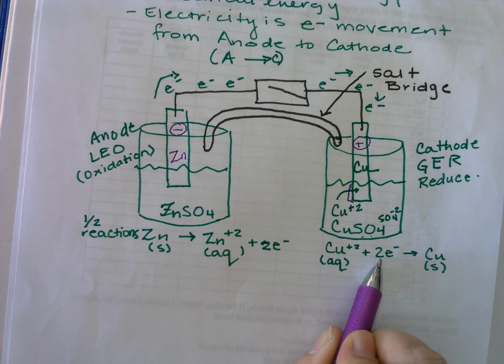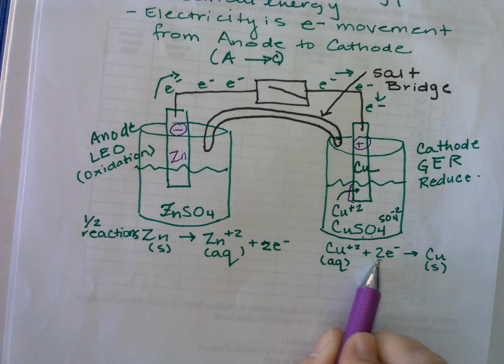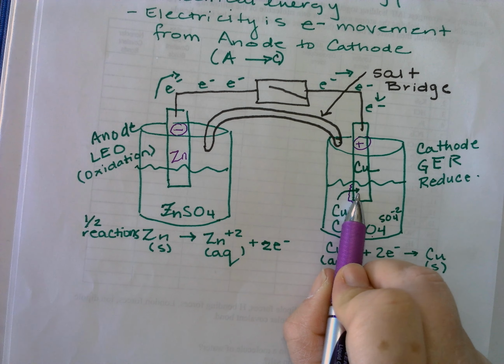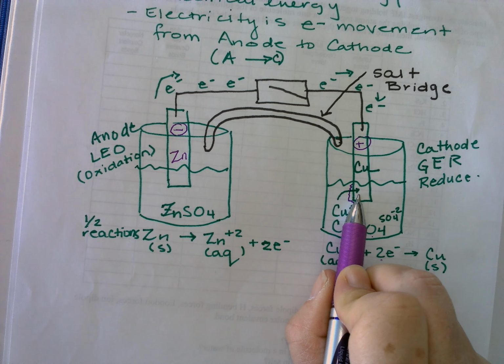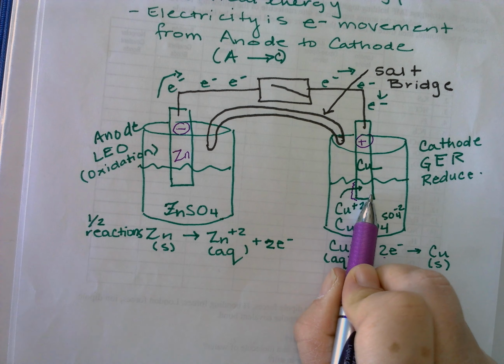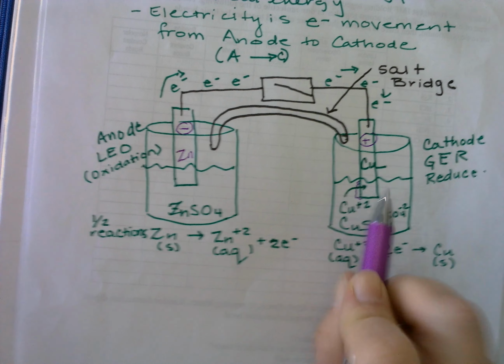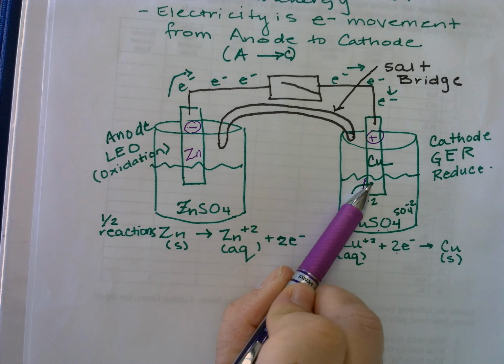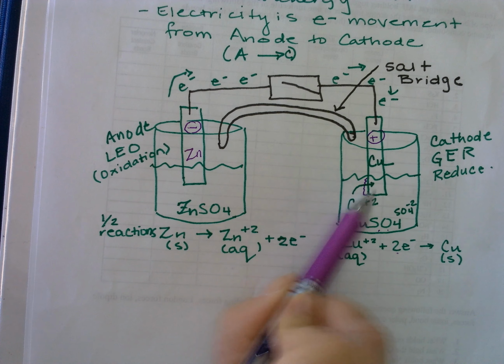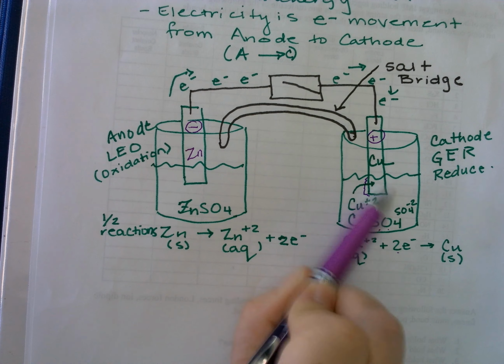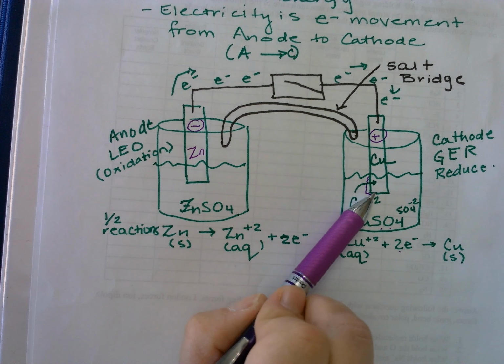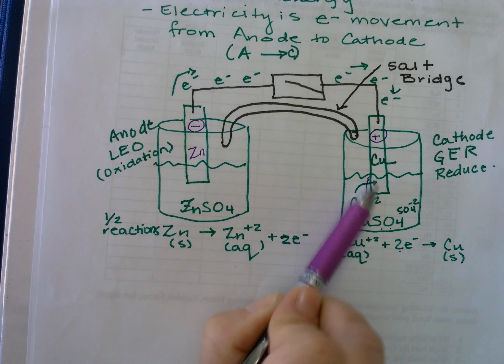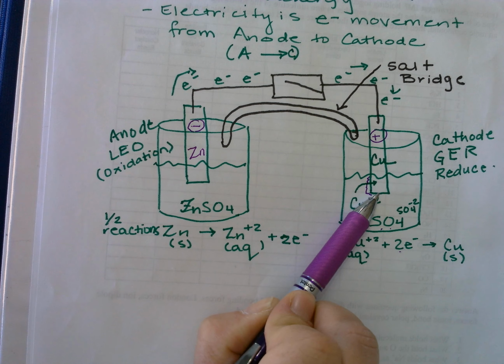When it does, it becomes copper and attaches itself to this electrode. So what happens to this electrode? It gets bigger, because more copper is being deposited. This, by the way, is a form of electroplating. So this copper electrode is getting larger because copper is being deposited on it. Every 2 electrons that come over deposit one atom of copper onto this electrode.